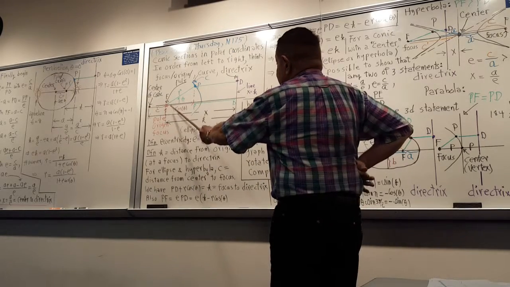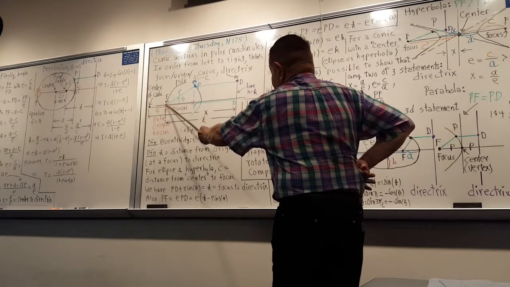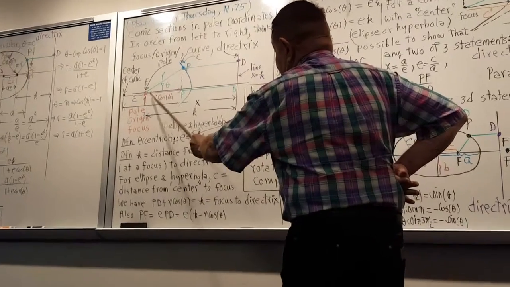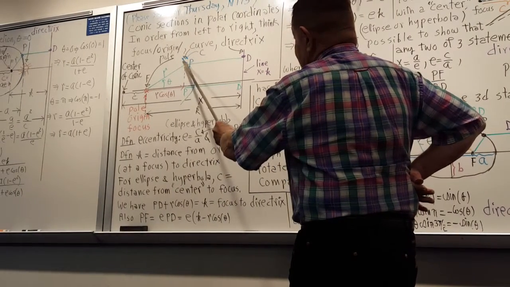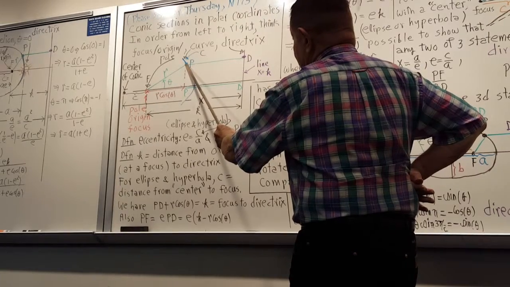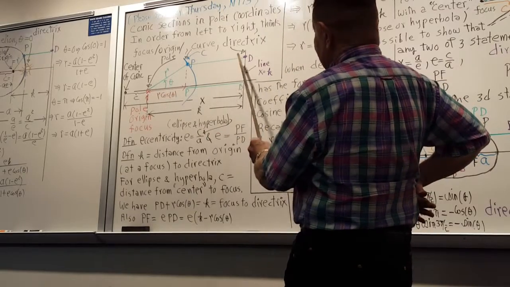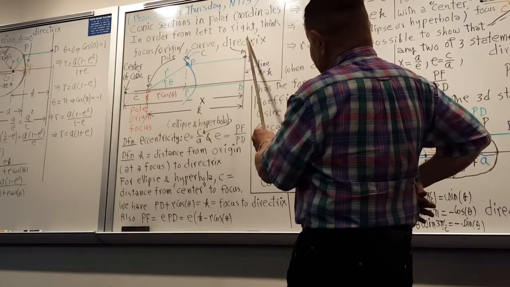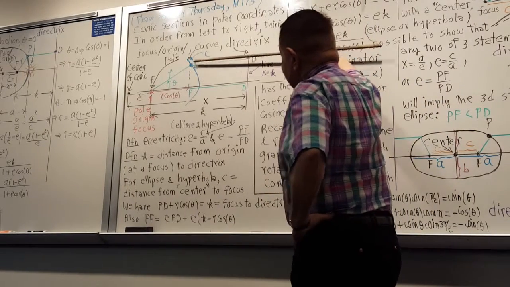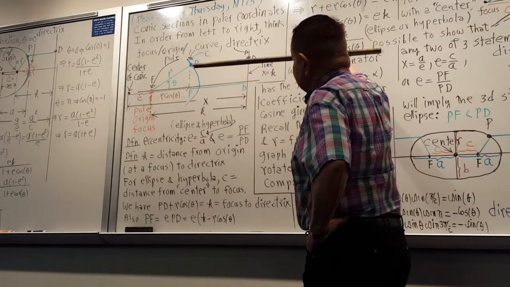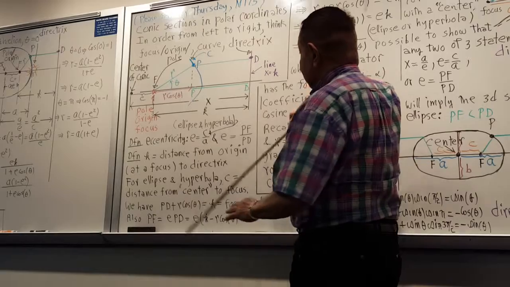So r cosine theta, if this is our origin, would be the distance here in the rose color. I have a point P on the curve, a point F, which is my focus, and a point D on the line that I call the directrix. So the PD distance in green up here would be the same as this distance down here.